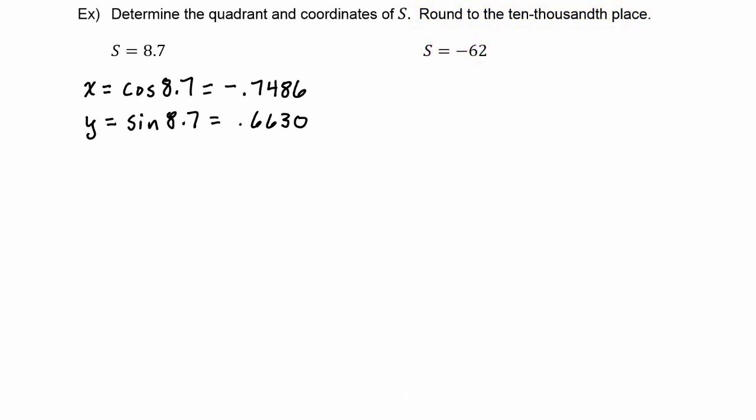Now if the x value is negative and the y value is positive, which is the situation we have here, then we know that that has to be in quadrant 2.